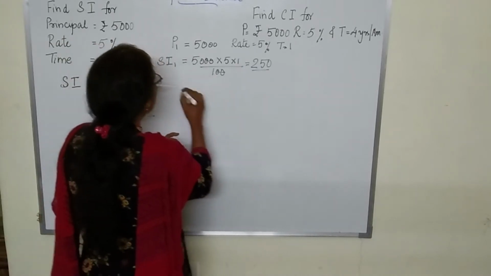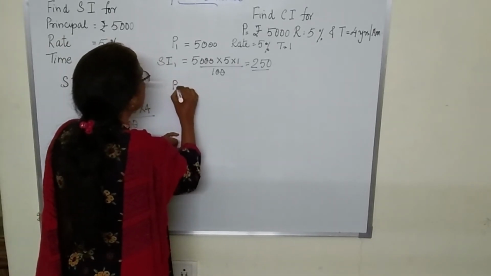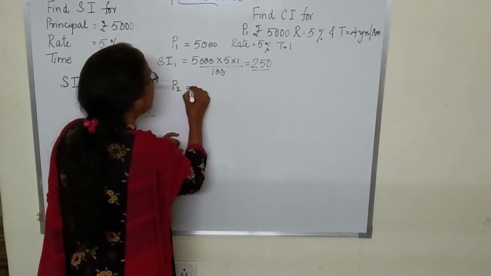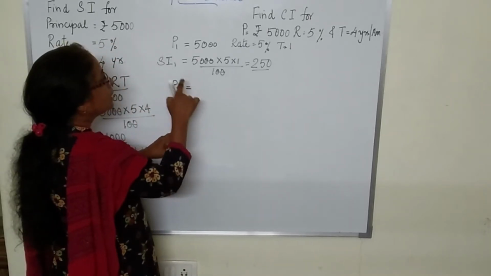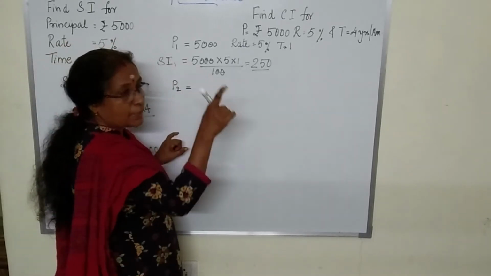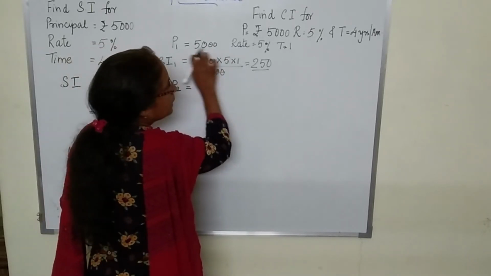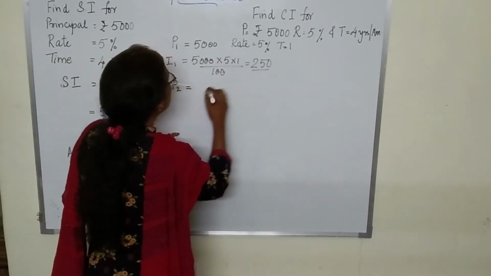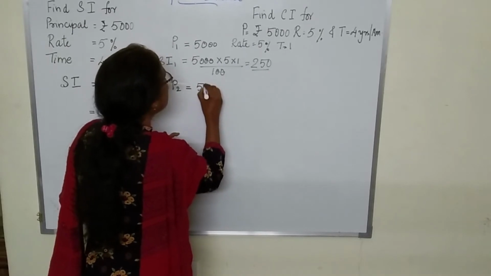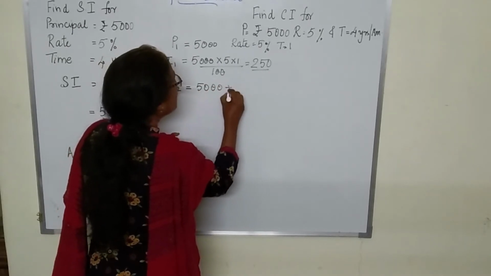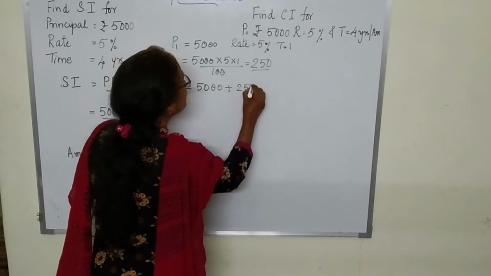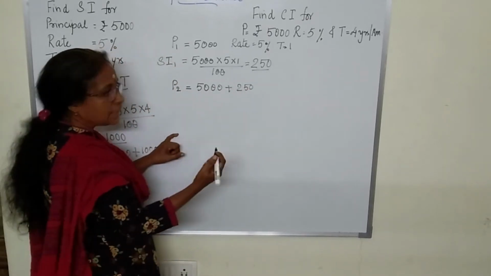Okay, now in the next year, principal will be equal to the amount of the previous year. What will be the amount? This principal plus this, that is 5,000 plus 250.